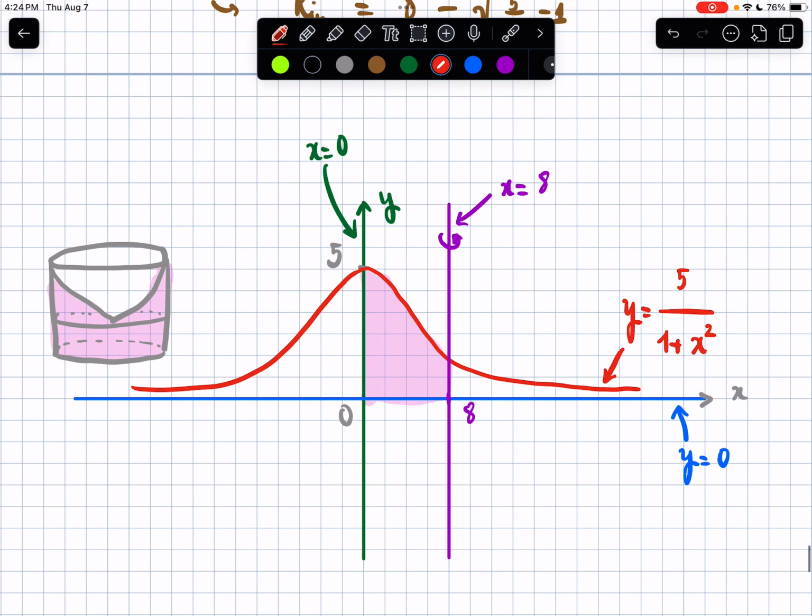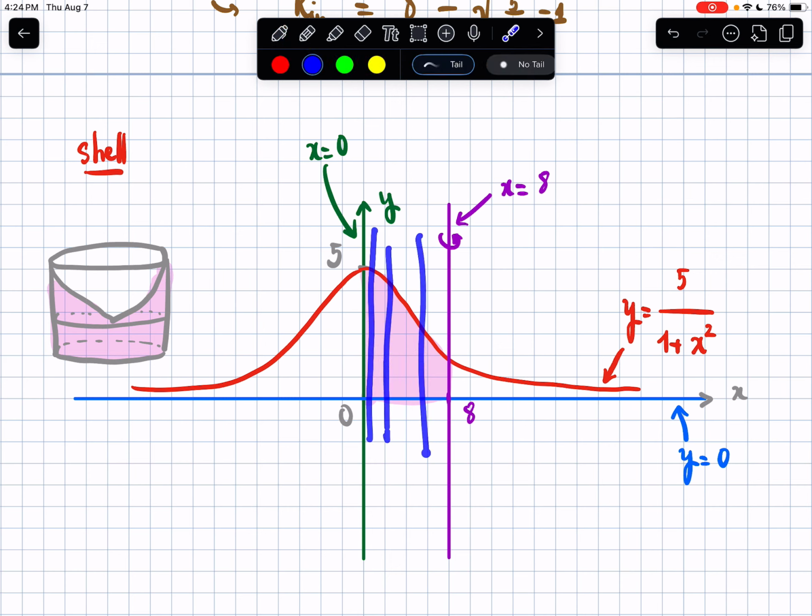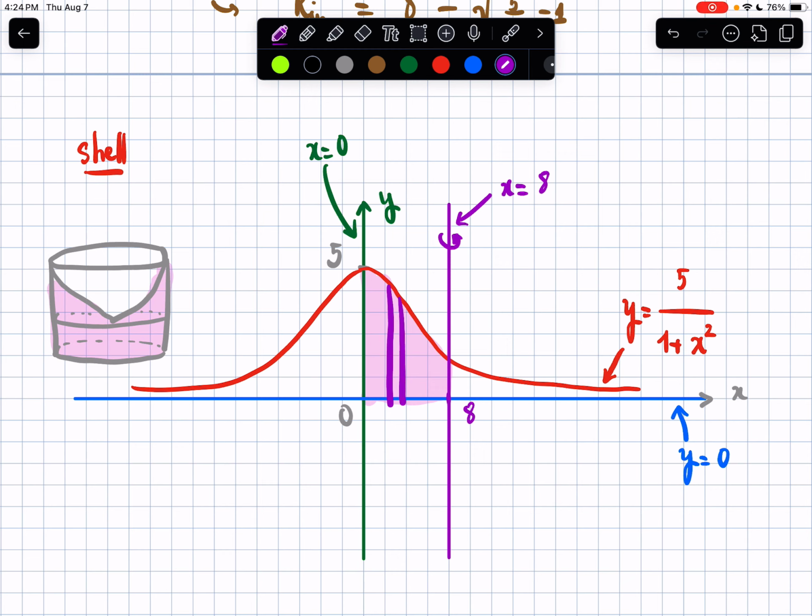Now we compute the volume using the shell method. For the shell method, we slice parallel to the axis of revolution. So in our case, parallel to x equal to 8 or parallel to the y-axis. Each slice looks like this.